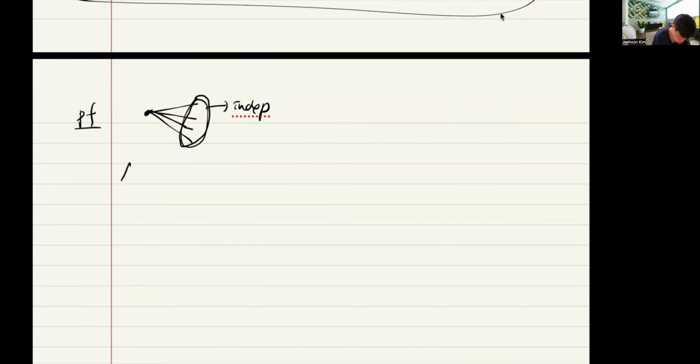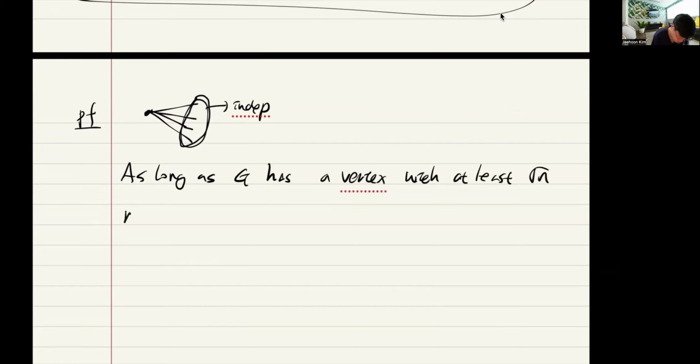So, as long as G has a vertex with at least square root of n neighbors which are not yet colored, we use one color on those vertices.